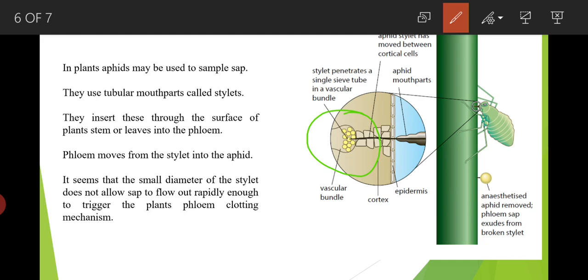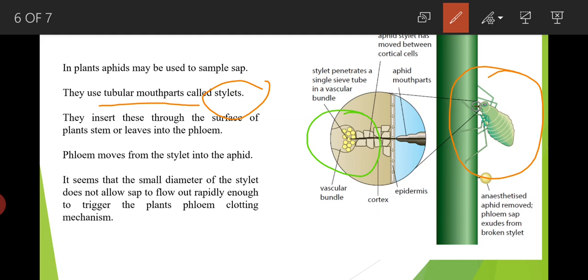Here it is shown that insects such as aphids are able to collect the phloem sap through their tubular mouth parts, which are called stylets. These mouth parts allow the aphid to go inside and collect the phloem sap.